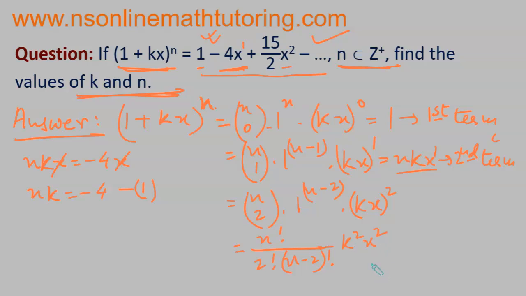Okay. And this is equal to this term, 15 over 2 x square. And we can divide the entire equation by x square so that these two will be getting cancelled. And we can multiply the entire equation by 2 because 2 factorial is 2. So if we multiply the entire equation by 2, these two will get cancelled. Clear?